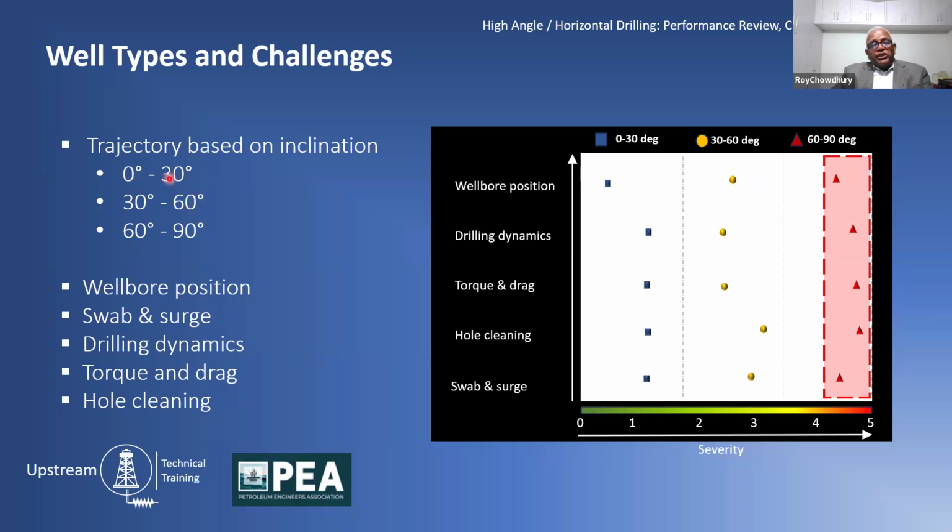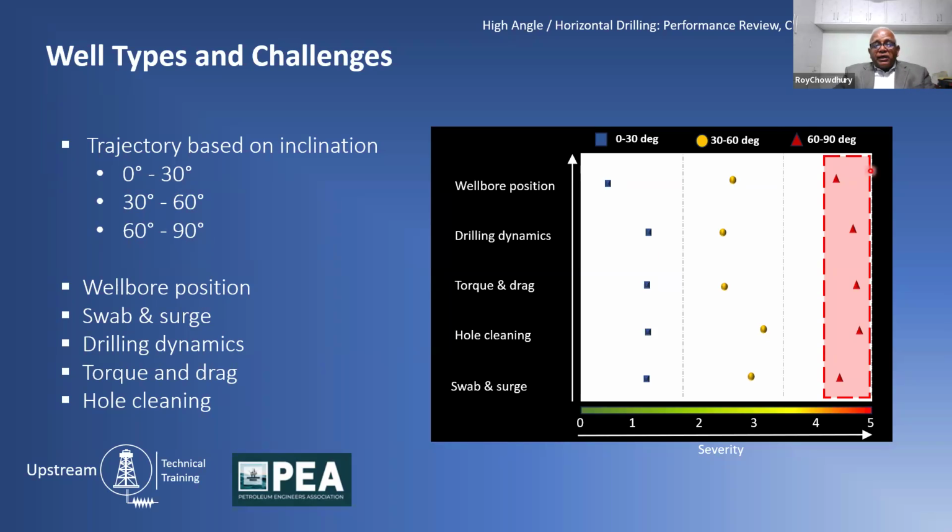As we lose the action of gravity while picking up inclination, the drilling mechanics and drilling dynamics change, and we start looking at different dysfunctions. Then 60 to 90 degrees.